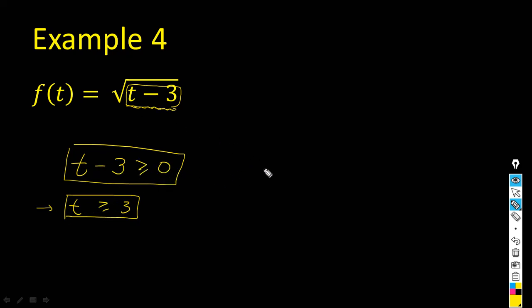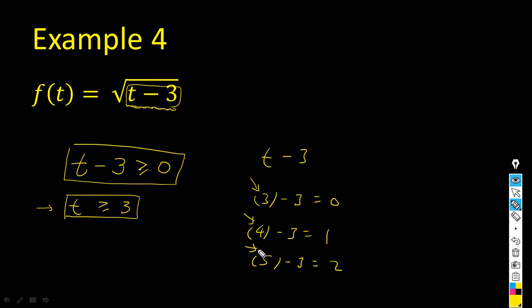Because if you give this expression any number t greater or equal than 3, what are you going to get? Let's give it 3. You get 0, right? Let's give it 4. You get 1. Let's give it 5. You get 2. So all numbers t greater or equal than 3 will give you that this expression is greater or equal than 0.